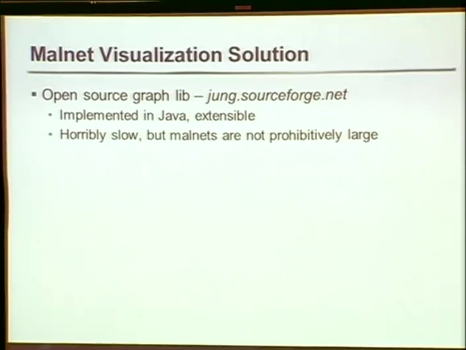So it's horribly slow, but I definitely am not knocking it because it's extremely extensible, and we were able to make really great use out of it. Unfortunately, the Malnets just aren't so big that we need extremely high-performance graphic software.